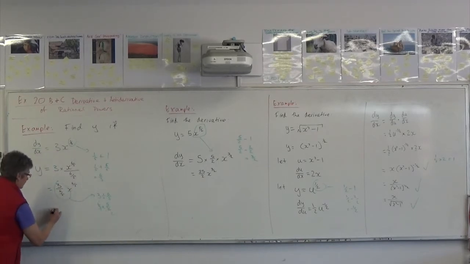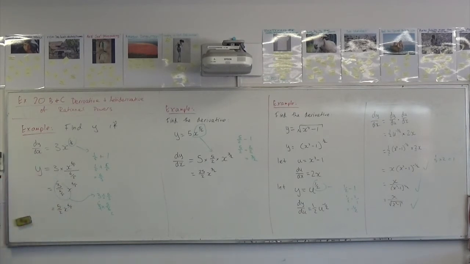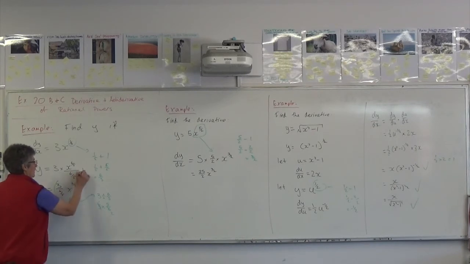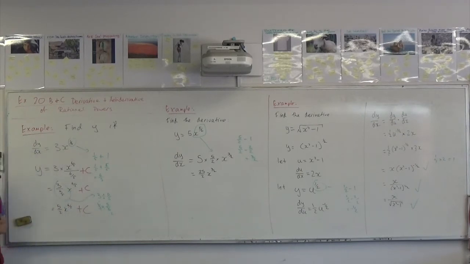So we end up with 5 over 2 x to the 6 over 5. Plus c. What have I forgotten? Plus C. So then we've got to add our plus c. Okay? So it's our antiderivative. So we've worked all that out, but we've got to make sure we put our plus c. If the question gives you further information, then obviously you can work out what c is.